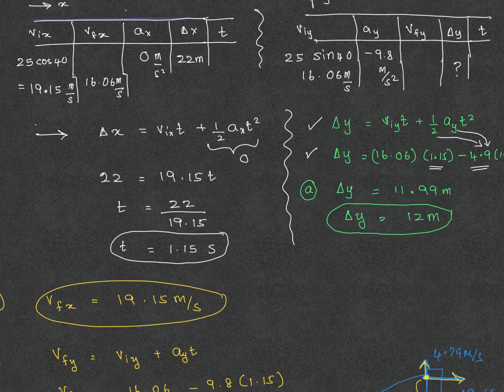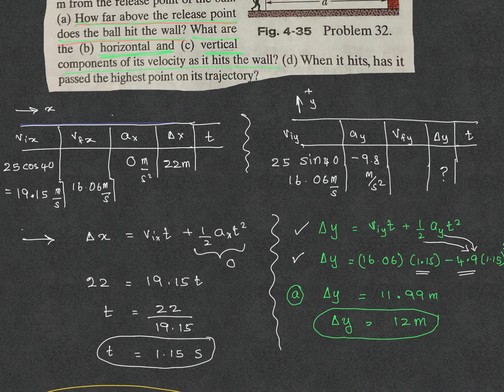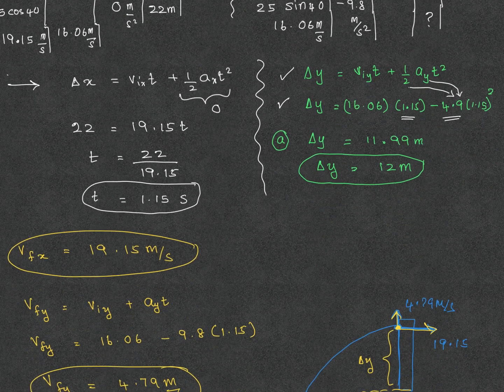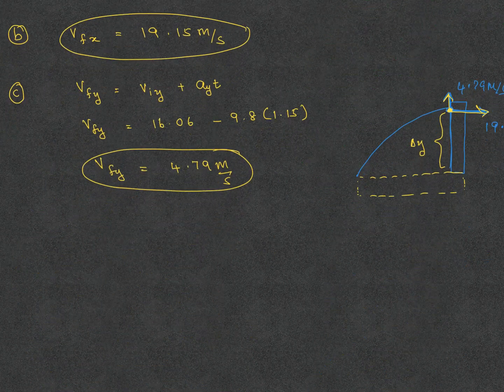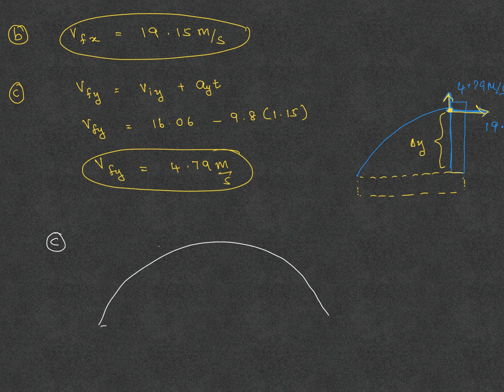And then the next part asks us, the last part, when it hits, has it passed the highest point on the trajectory? Now we already know the information about the highest point on a trajectory. So let me draw the full trajectory and let's mark the highest point.